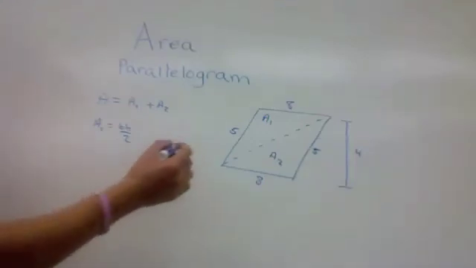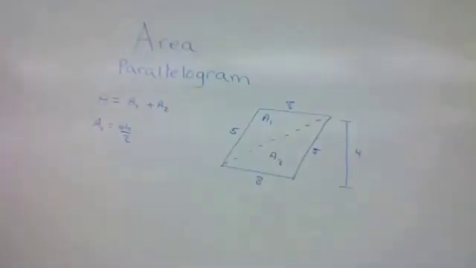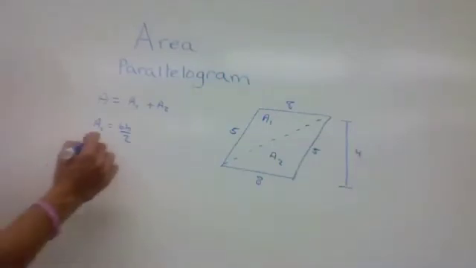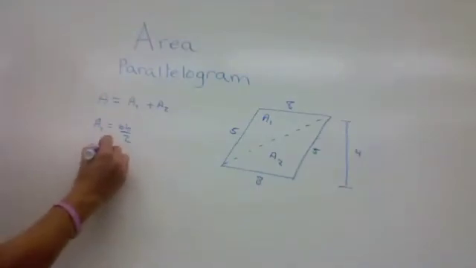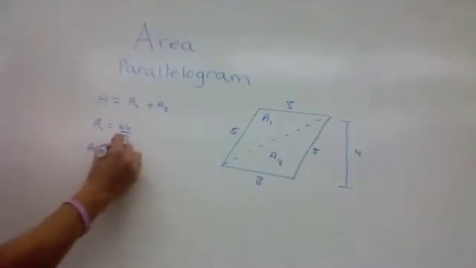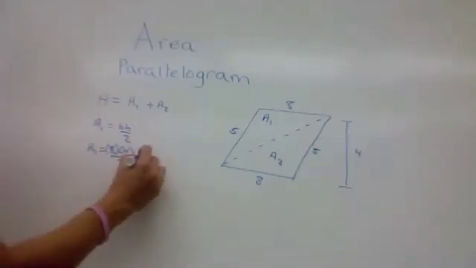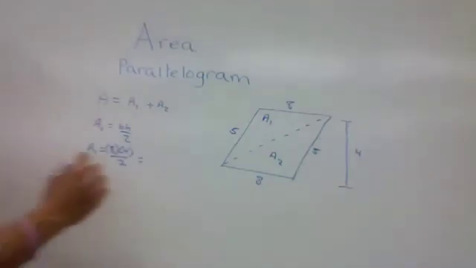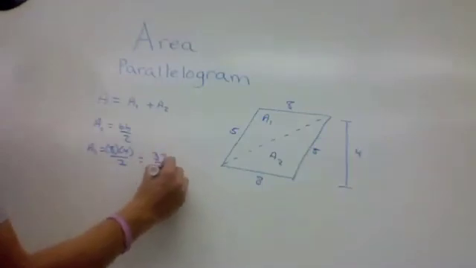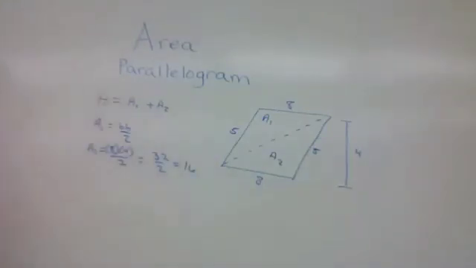Our base in this case is going to be 8, and our height is going to be 4. So area of 1 equals 8 times 4 divided by 2, which is 32 divided by 2, which is 16. So the area of area 1 is 16.